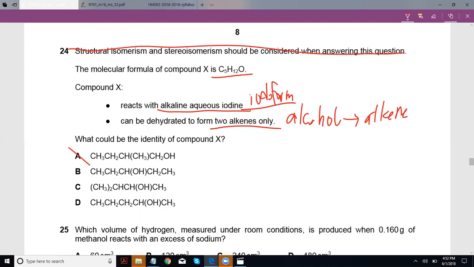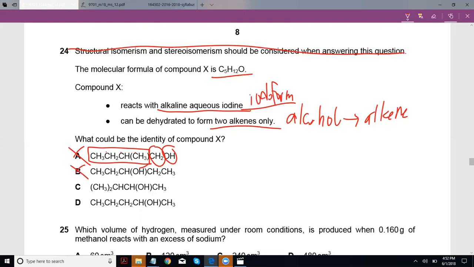Now, you can cross out A because it's not a methyl alcohol. This OH is attached to this carbon, and this carbon is attached to a butyl chain rather than a methyl chain.